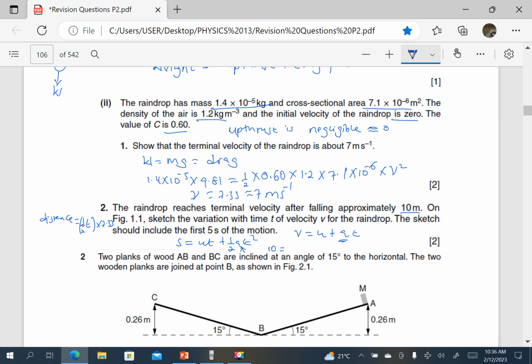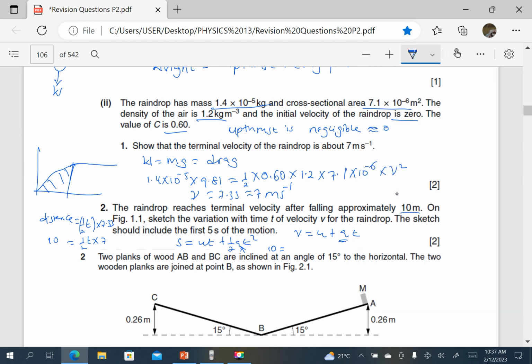I'm estimating it to be approximately a triangle initially before terminal velocity, because we know the graph is going to look like this, then it becomes horizontal. So this part here is approximately a triangle. This means the distance 10 equals a half times t times 7.33, or 7. Terminal velocity is approximately 7, so let me use 7. This is an estimate.